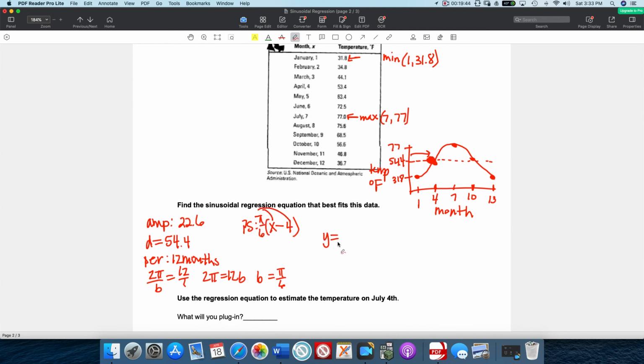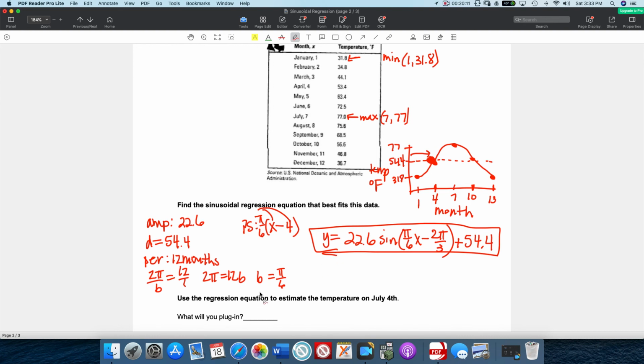So your equation would be 22.6, and it's positive because we're going up, sine of pi over 6x minus 2 pi over 3, because 4 over 6 will end up reducing. And then we have our vertical shift, which is 54.4. So there's your equation. And guys, I would again make sure you're checking this stuff in the calculator, okay?